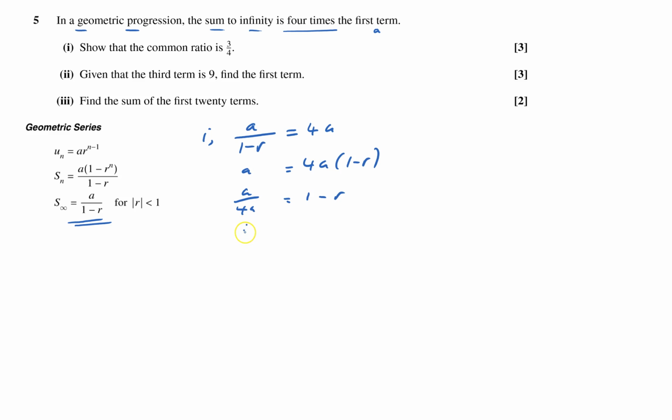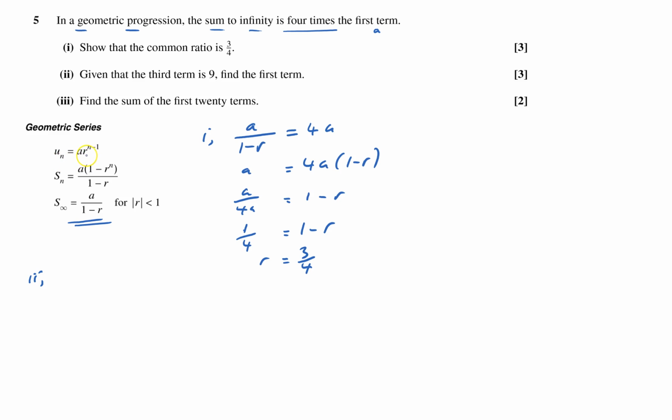Dividing top and bottom by a, 1 over 4 equals 1 minus r. Actually, if one take away something is a quarter, then obviously r is 3/4. I could add r to this side and then take away a quarter from the other side, but it gets r equals 3/4.